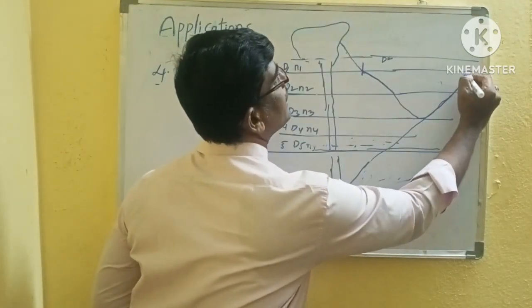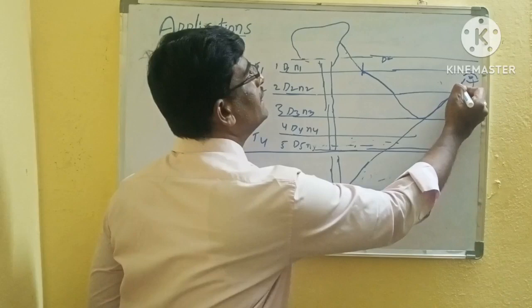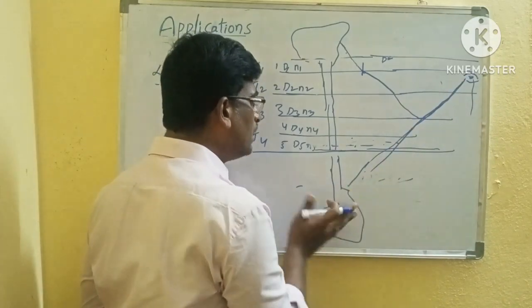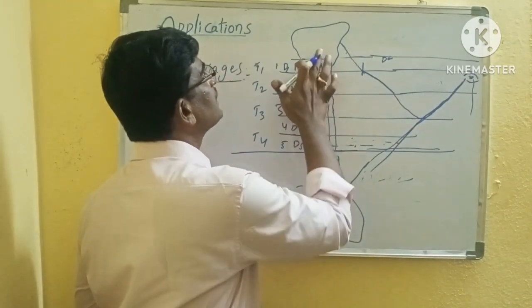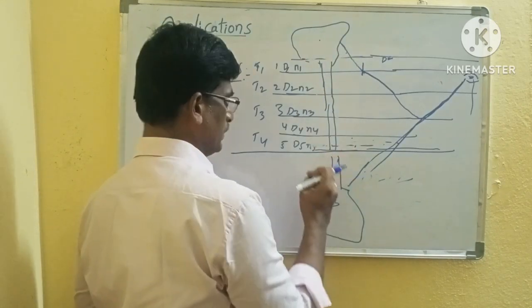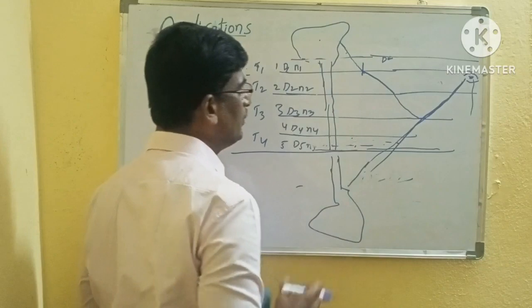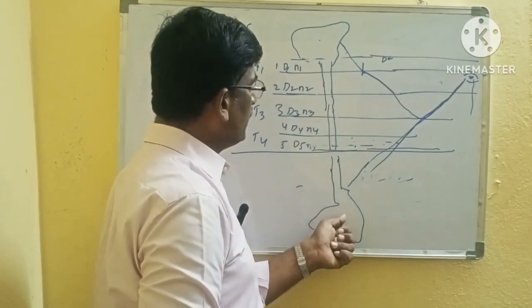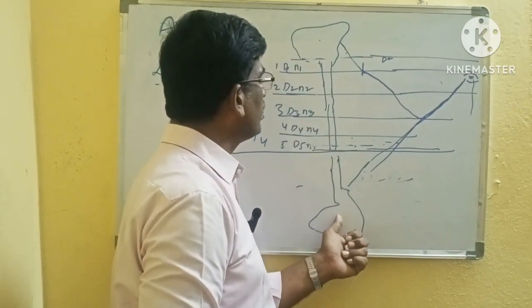That person can see the objects as if reflected from the earth only. That's why, whether tree or sky, we can see the inverted, virtual image on the road.